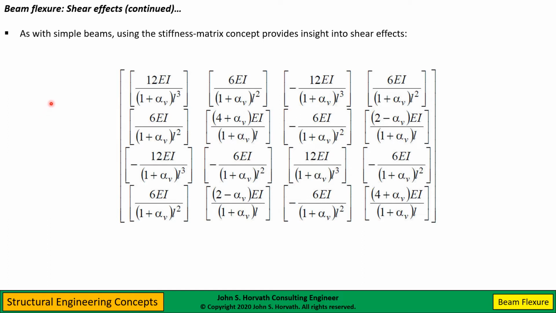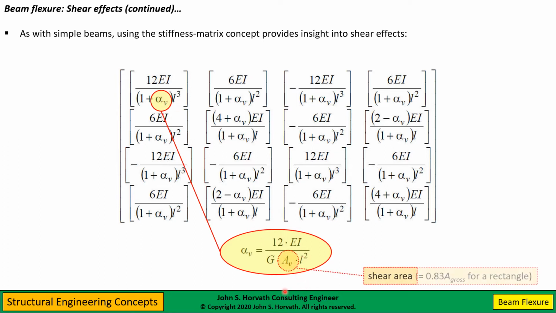Now, if we look at it from a stiffness matrix perspective, here we see all the shear effects are reflected in this alpha sub V parameter here. And I've expanded on alpha sub V here, and you see again the shear area, which is 83% of the gross area for a rectangle. And I emphasize the rectangle because certainly for a mat foundation problem, that would be the shape that would apply.